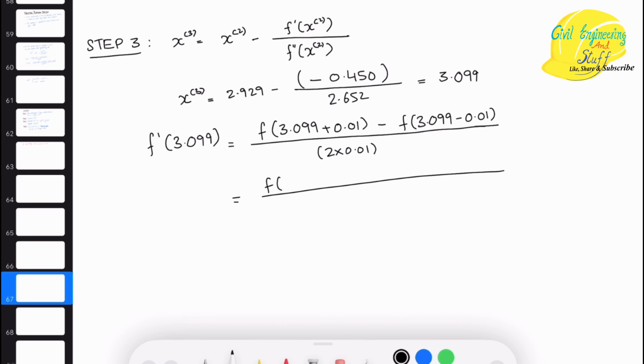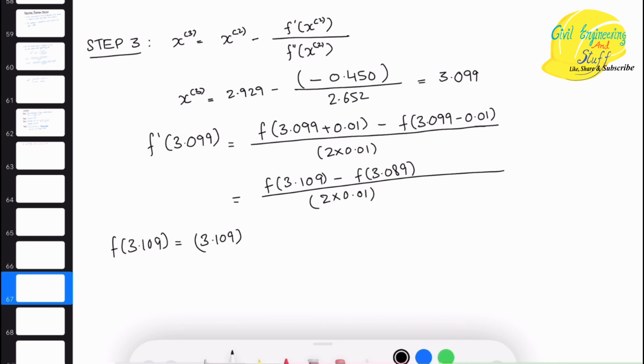The function value of 3.109 minus the function value of 3.089, divided by 2 into 0.01. So let's find out the function values. So f of 3.109, what will be the value?